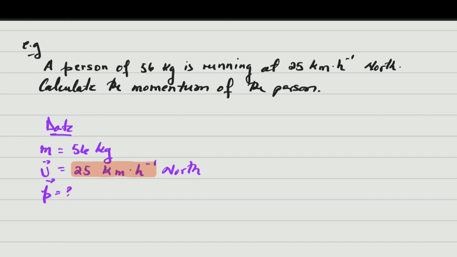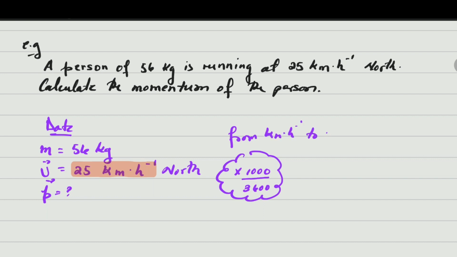All we do to convert is multiply by 1,000 and divide by 3,600. This is how to convert from kilometers per hour to meters per second.